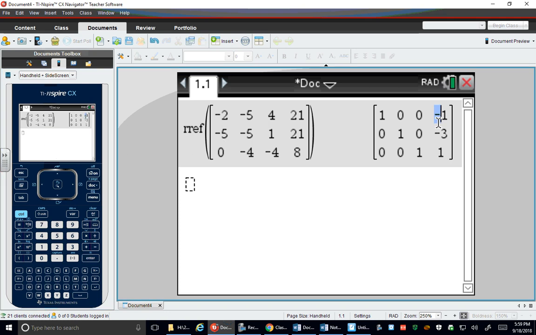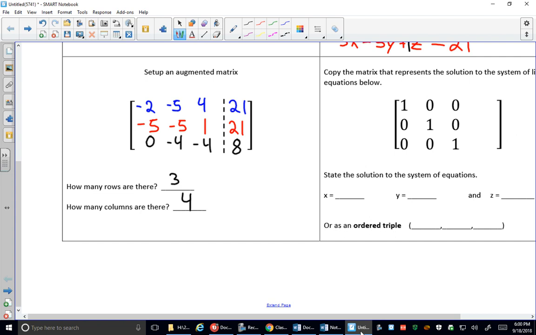Awesome. And so let's focus on that we have whole numbers here and those diagonal ones. Those diagonal ones are important. They're letting us know that these are in fact the solutions. So -1, -3, and 1. Keep in mind that this is my x column, my y column, my z column.